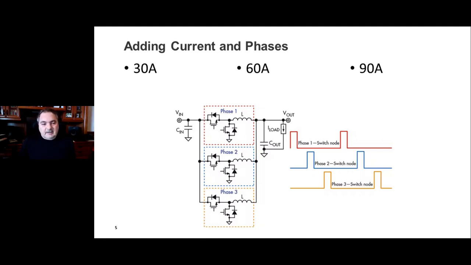The rule of thumb I've always used is for every 25 to 35 amps you need delivering into a chip, so I averaged it out, split the difference, and called it 30 amps. For every 30 amps of current you need into a device, you need to add a phase.